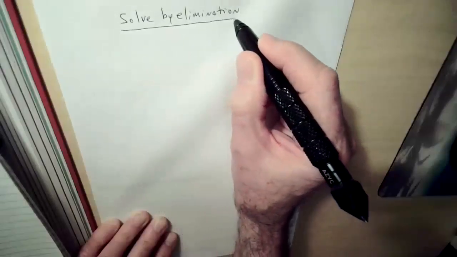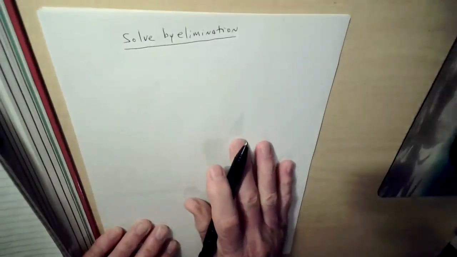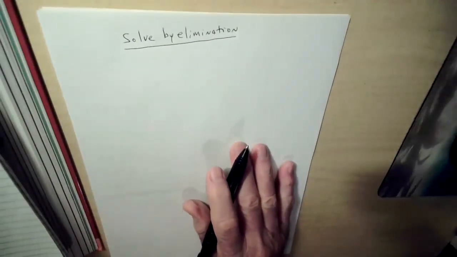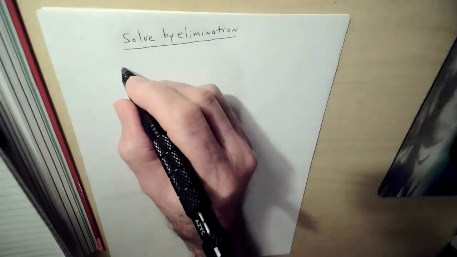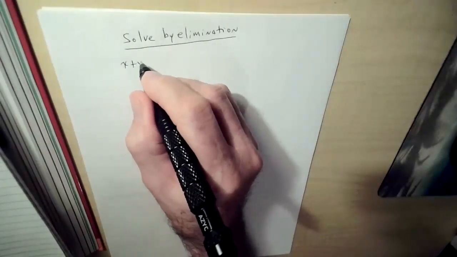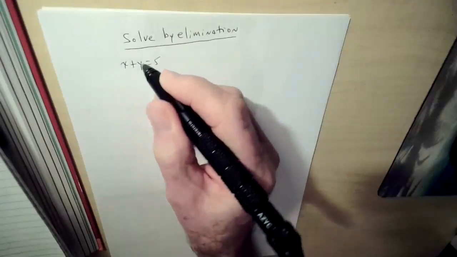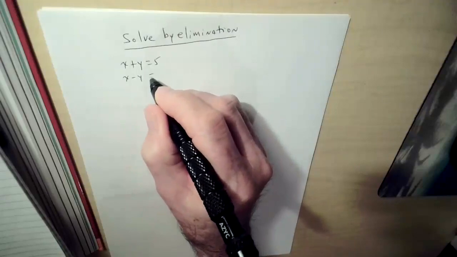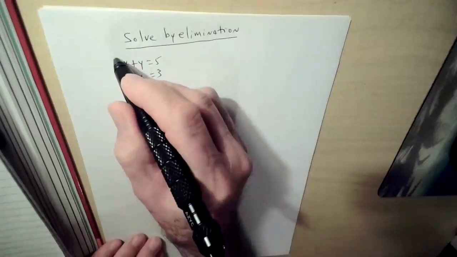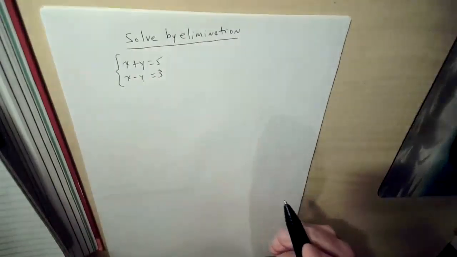Solve by elimination. What we're going to do here is we're going to have two equations: x plus y equals 5 and x minus y equals 3. It's a system of equations.